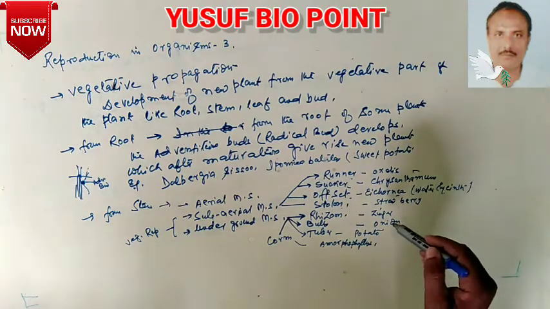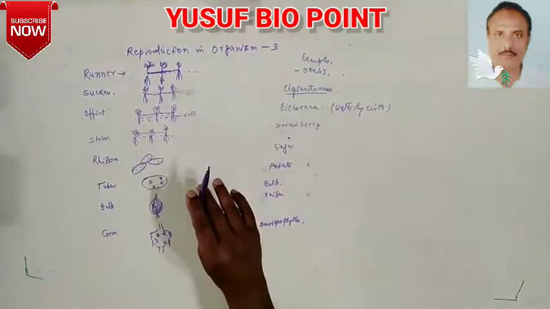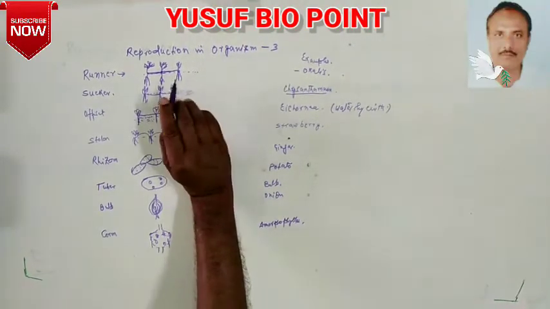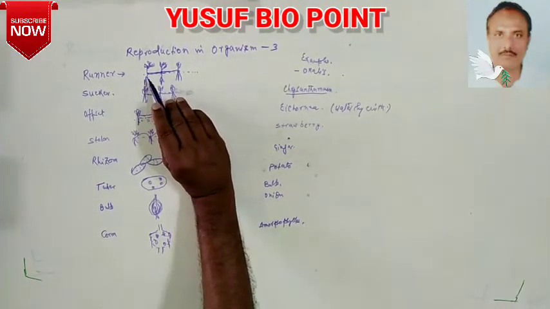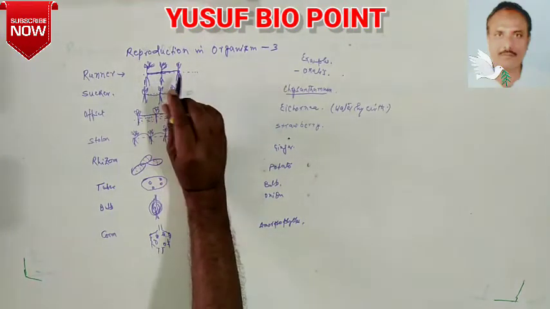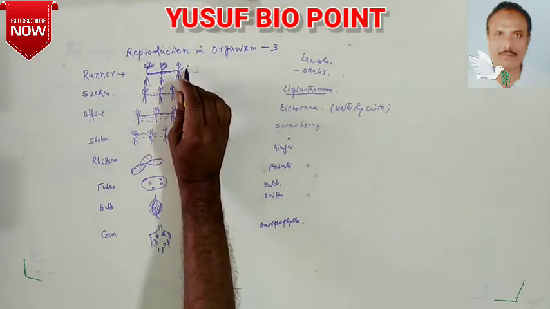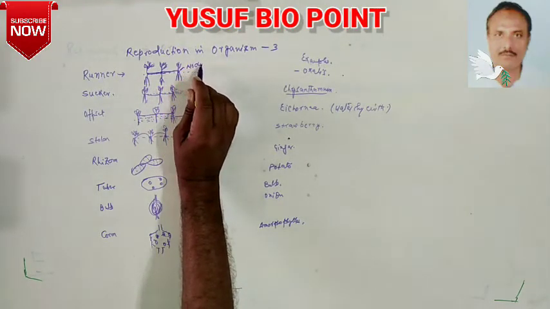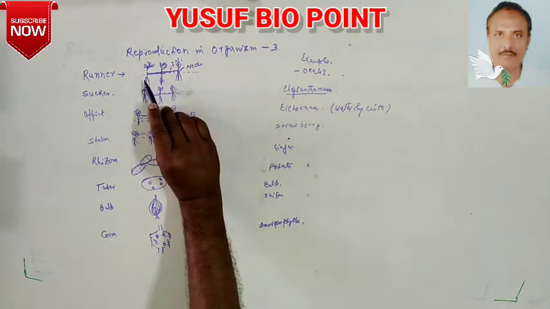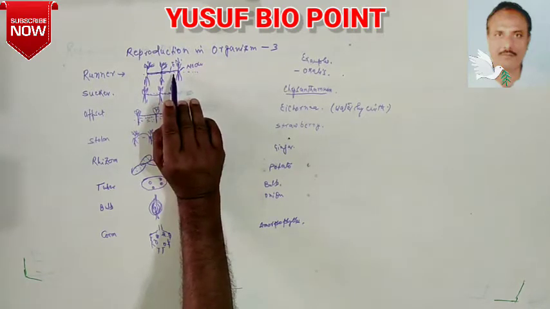Now I shall discuss each one by one. These are the modified stems. The first one is runner. Example, oxalis. In this, the plants have nodes and internodes, and it spreads over the ground.